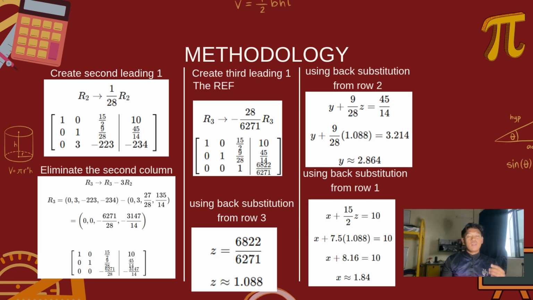So, if we substitute the value z, y we will get 2.864. Now, using back substitution again from row 1, we can get the value of x, where we substitute the value z into row 1. Then we will get x equals 1.84.